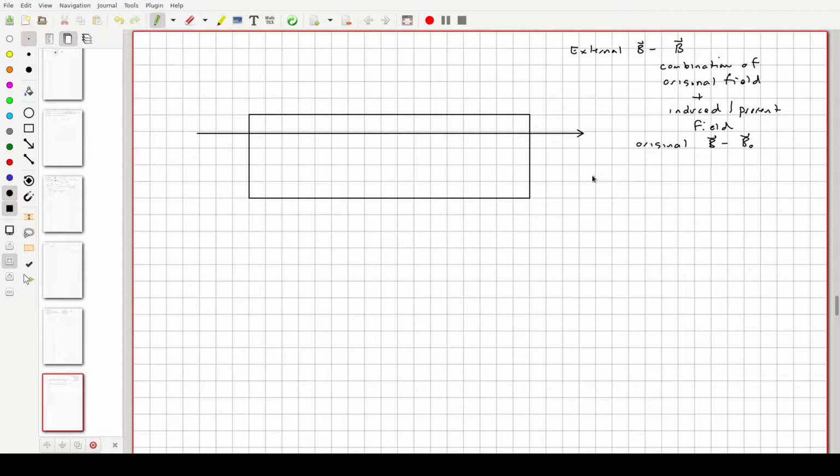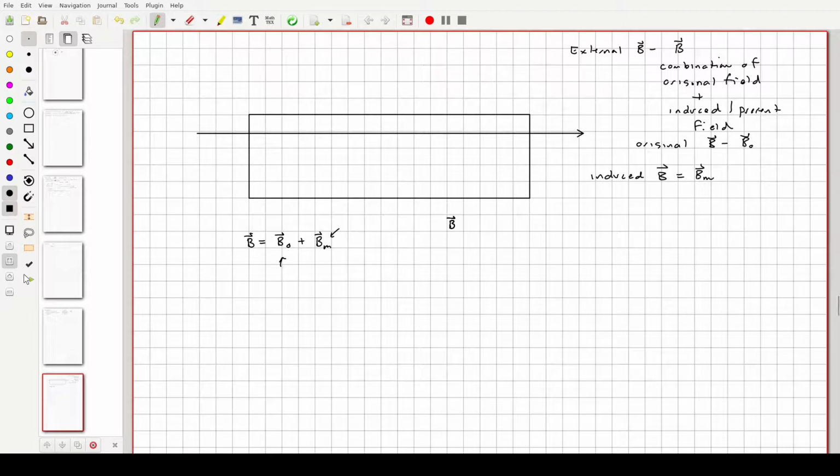So the induced B, and this is only the induced stuff, we're going to call B magnetic. So your external field B is going to be a combination of what you pass through plus the quote unquote induced current. That really is just a consequence of these things lining up through their domains to give you your additional magnetism, if you will.